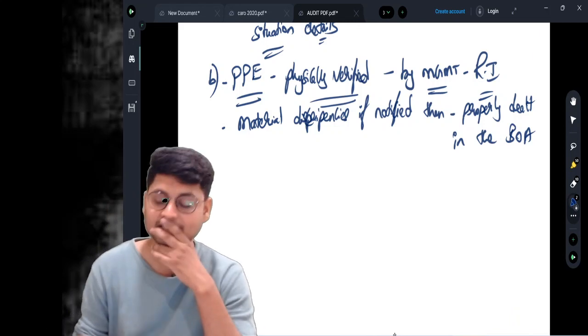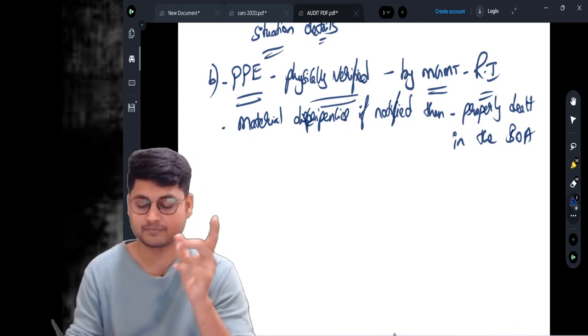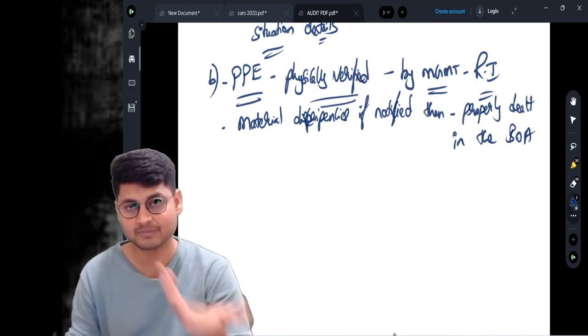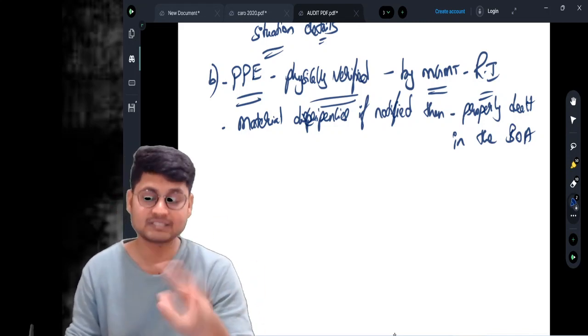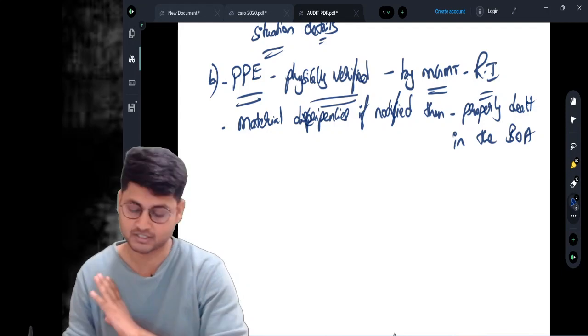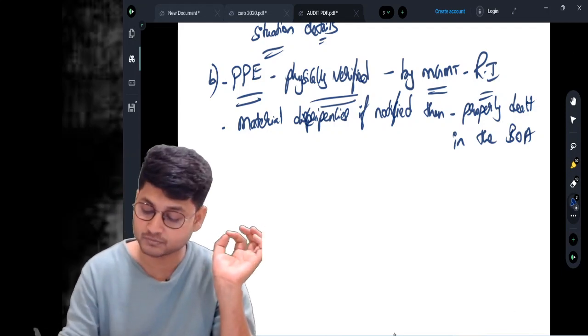Okay, so I guess you are all getting the point. This is clause number B. PPE physically verified by the management at reasonable intervals or not, and if the material discrepancies are identified, then those discrepancies are properly dealt with in the books of accounts or not. Okay, this is clause number 2.